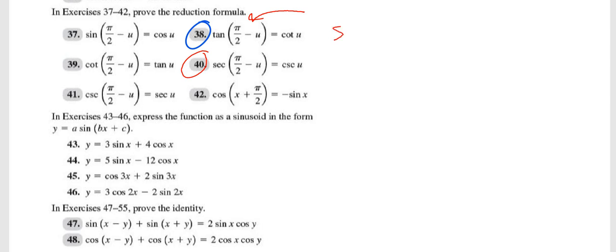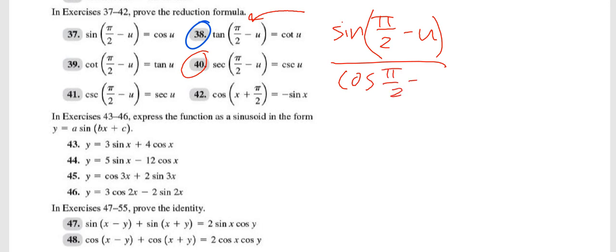So we've got sine of pi over 2 minus u over cosine of pi over 2 minus u. Okay, so let's see here.